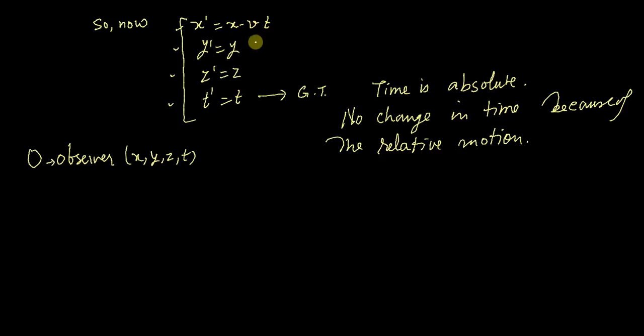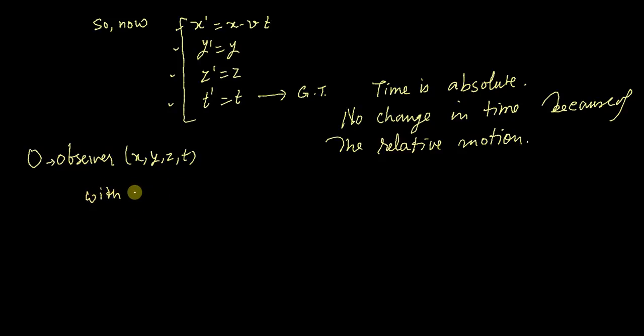In his system, this is a very important point, right? With the help of the observer O's x, y, z and t, he can visualize the event in the S prime frame.